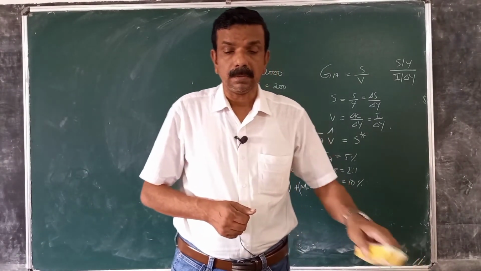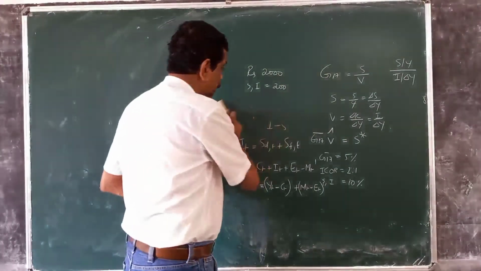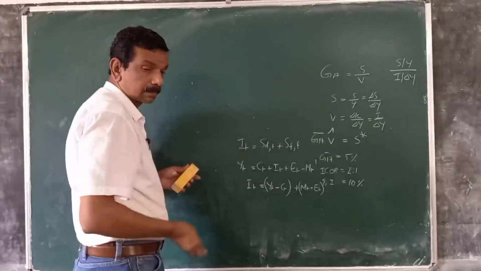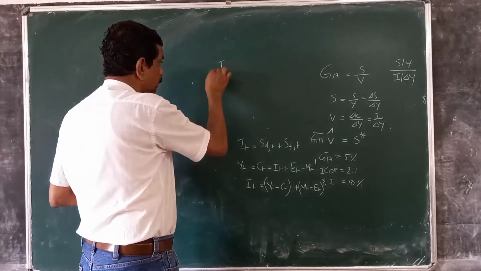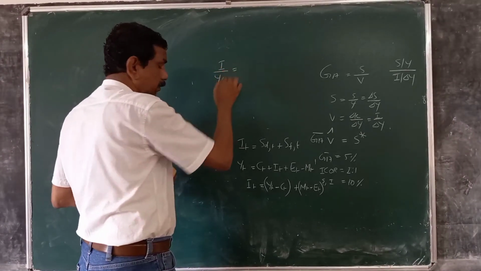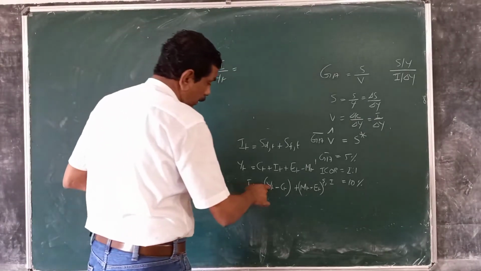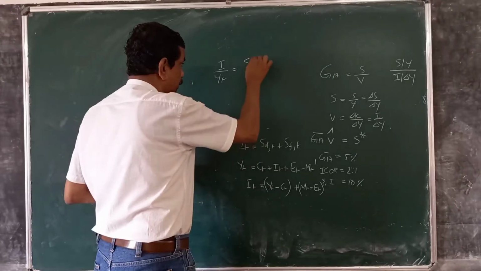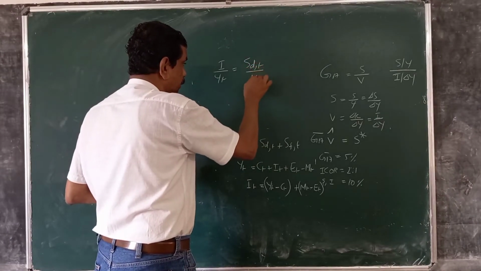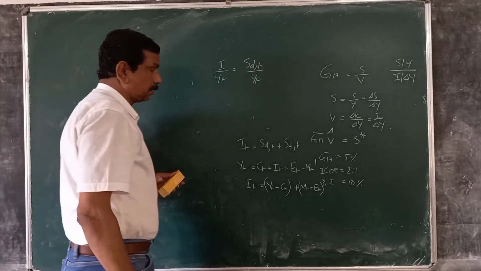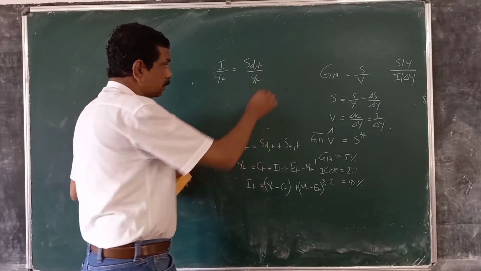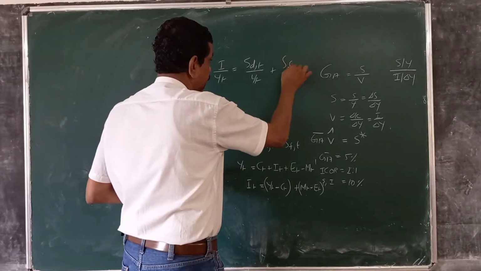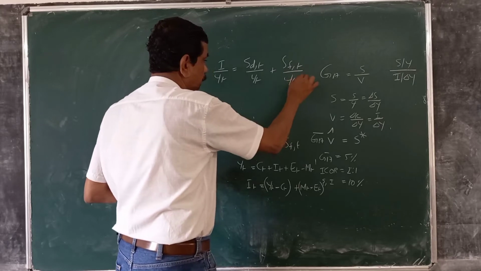Now, this equation can also be written as I_t by Y_t is equal to (Y_t minus C_t) by Y_t, which is the domestic saving rate, plus SF_t by Y_t.